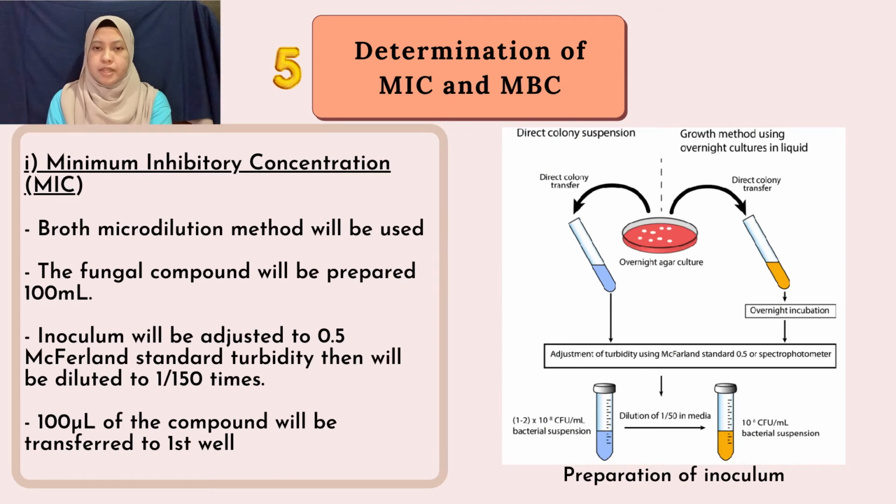For the next method, which is determination of MIC and MBC, for minimum inhibitory concentration, which is MIC, the broth microdilution method will be used. The fungal compound will be prepared at 100 ml. Inoculum will be adjusted to 0.5 McFarland standard turbidity as well, then will be diluted 1/150 times. 100 microliters of the compound will be transferred to the first well.